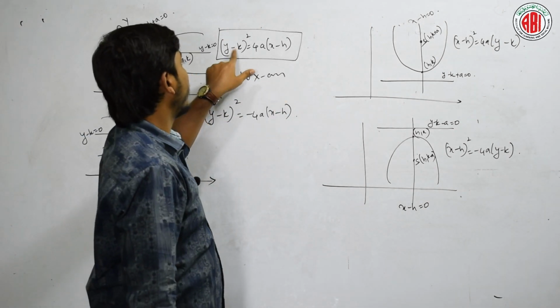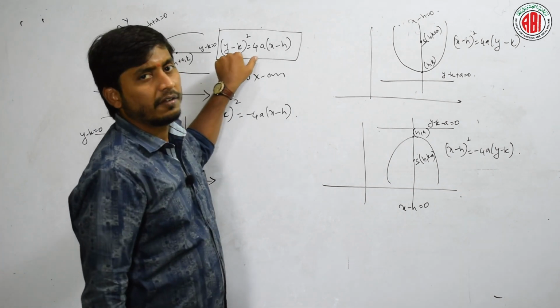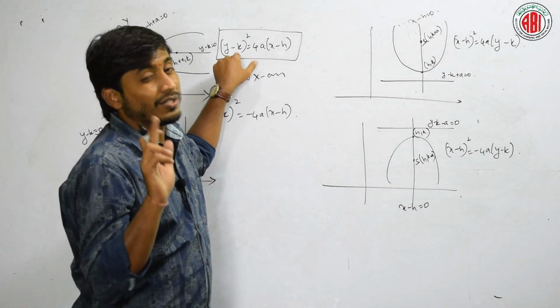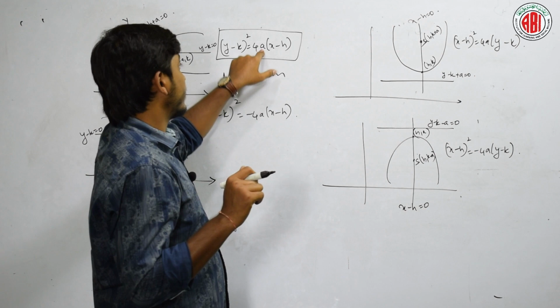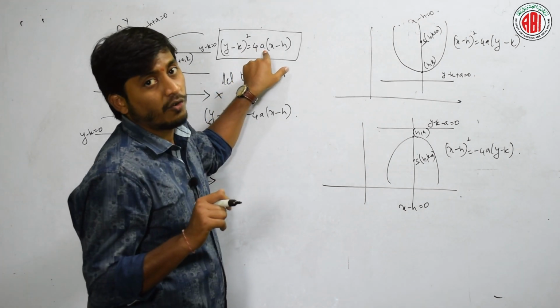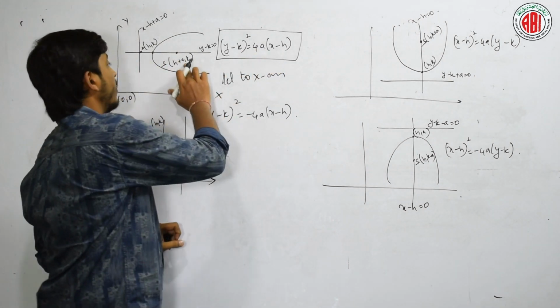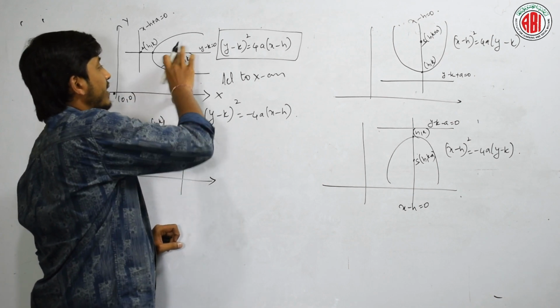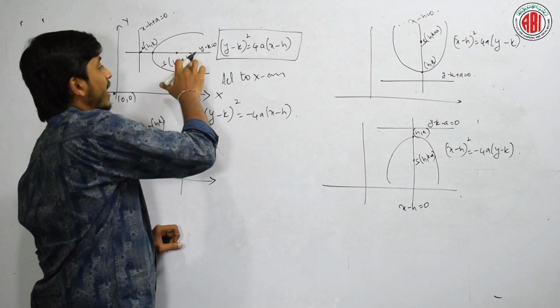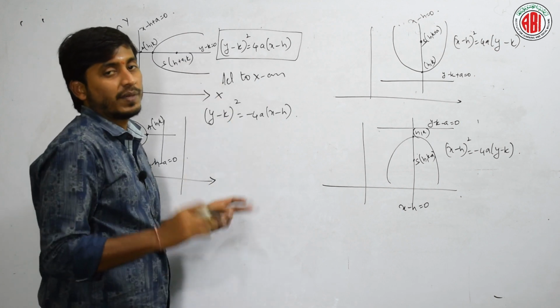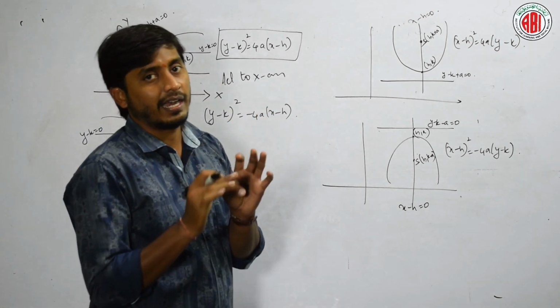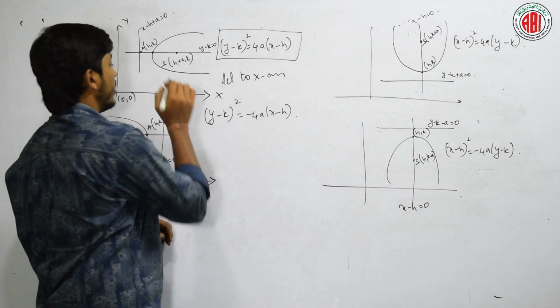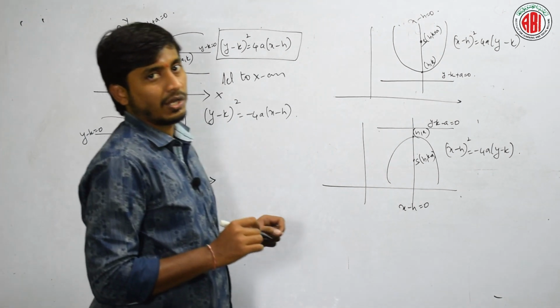Now tell me, what is the axis here? y minus k equal to 0, there it was y equal to 0. What is the focus now? Here if you observe, the focus has shifted from this point to this, that is (h plus a, k), which means h and k are added to the standard (a, 0). Yes or no?